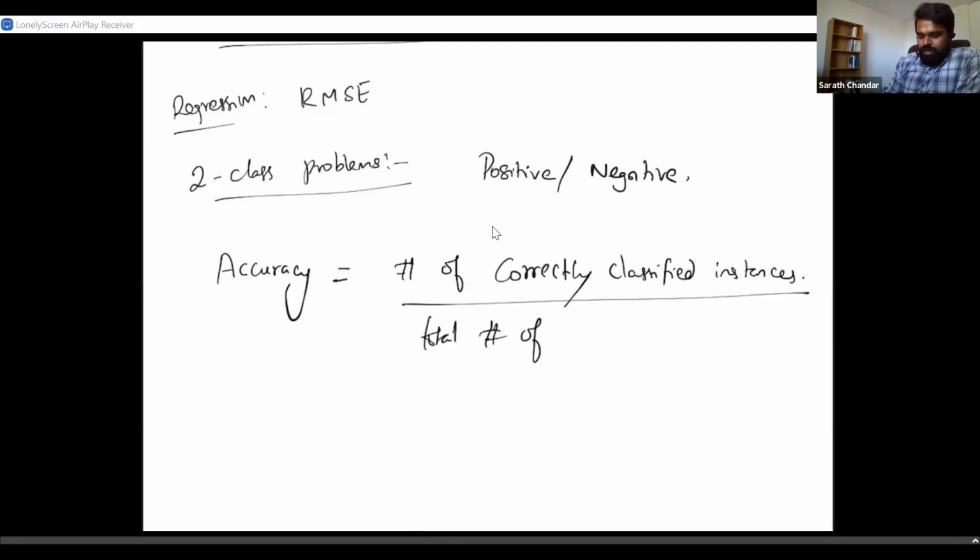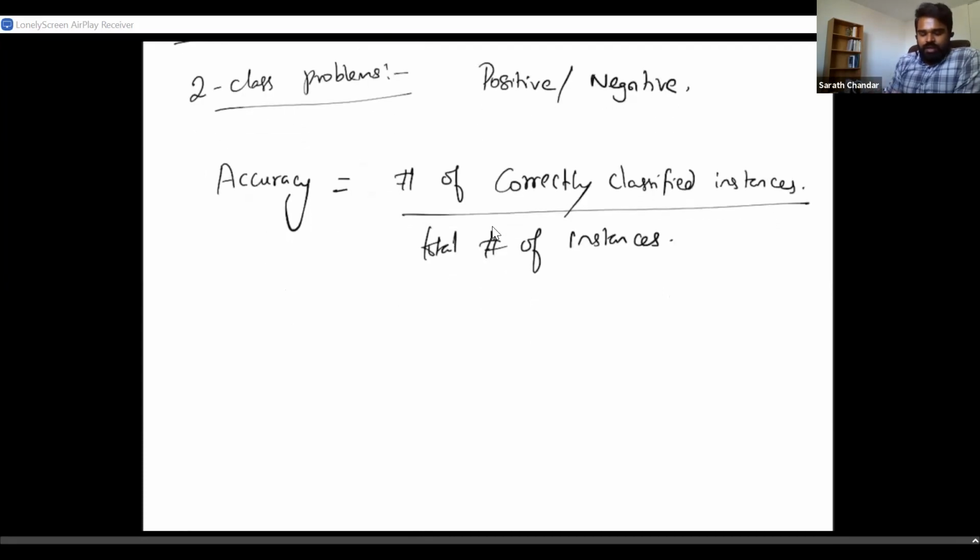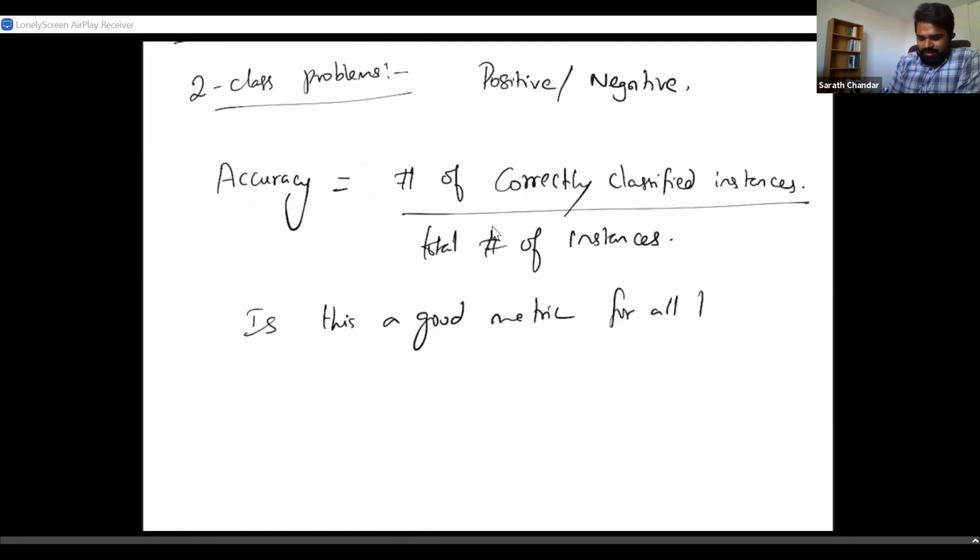Now, is this a good metric for all tasks? Let's consider an example task.